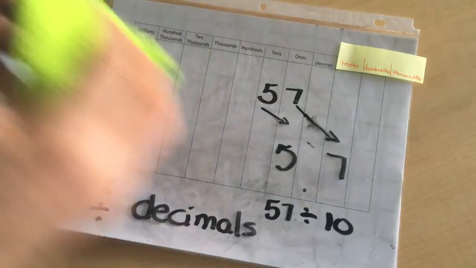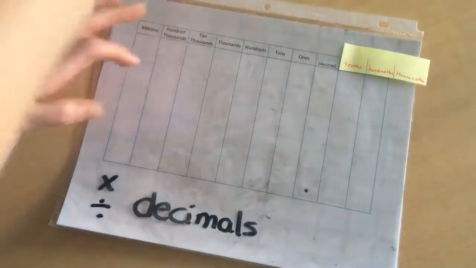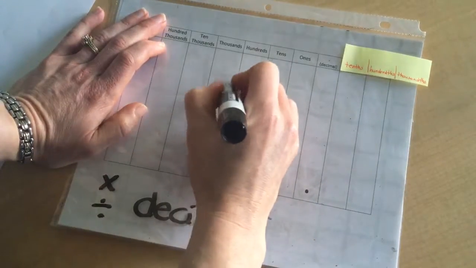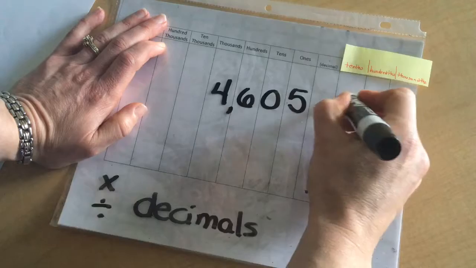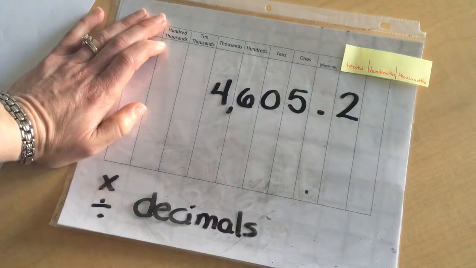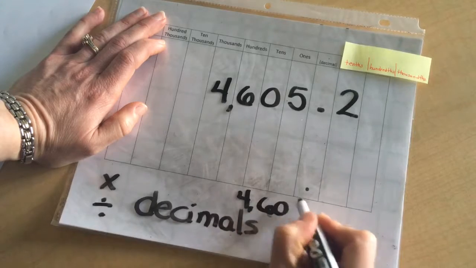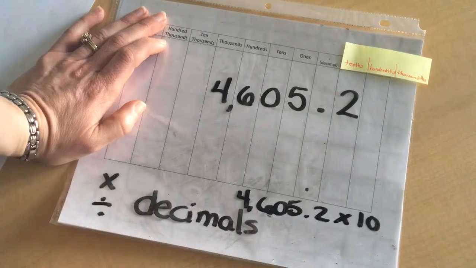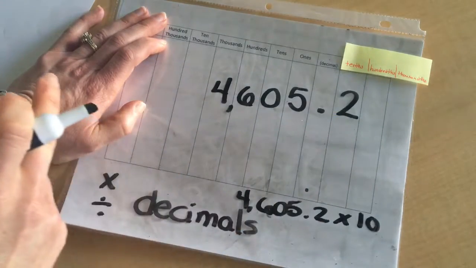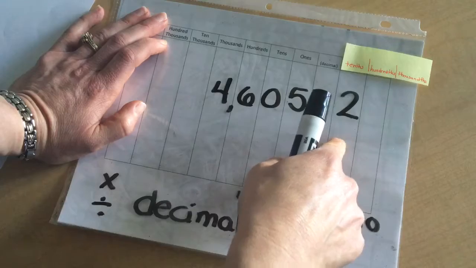All right, so now that you see that, let's go ahead and practice a couple. Let's imagine we have the number 4,605 and 2 tenths. If I were to multiply that by 10, what do we do? Well, if I did 2 times 10, it'd be 20. 5 times 10, it'd be 50, etc. And I can't have 20 here.